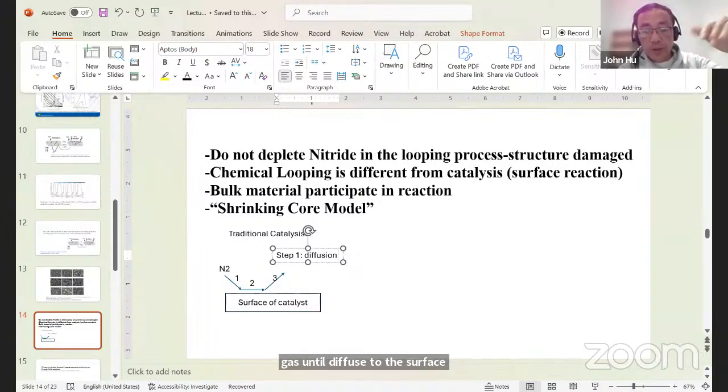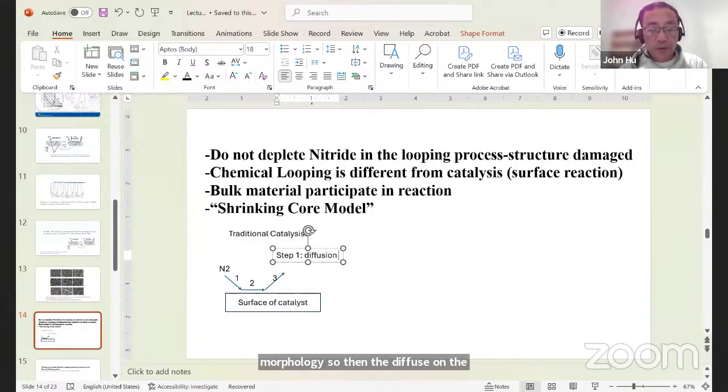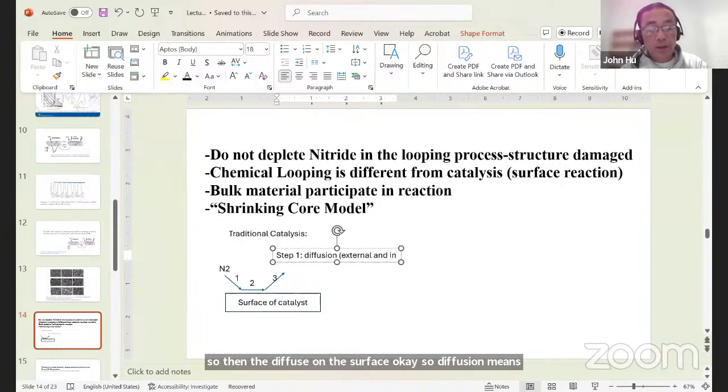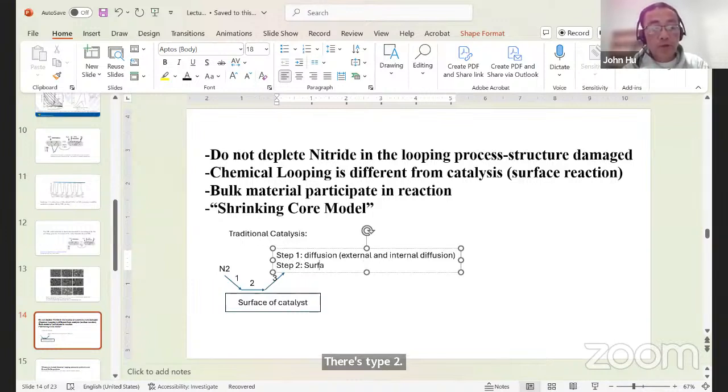That means the surface has a morphology, so then it diffuses on the surface. So diffusion means external and internal diffusion. Then step 2, no, step 2 is not surface reaction.